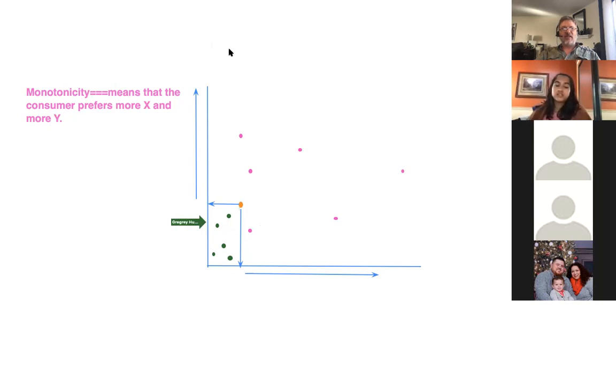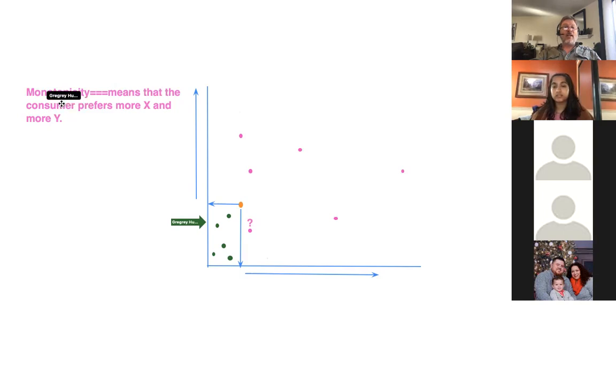I guess you could say the orange dot is the perfect amount that he or she would think is the correct bundle in terms of how much X and Y they want. And all those pink dots seem great just because they have more of one, but it's not the perfect amount for them.